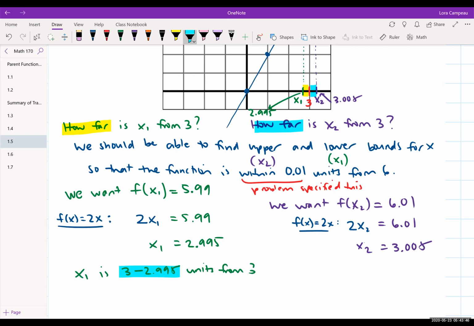Oh, sorry about that, let me undo that. I was supposed to color code that yellow. So I took the 3 and subtracted off the x1 so I could figure out that distance. We should get 0.005. Excuse me, there are 2 zeros in there.